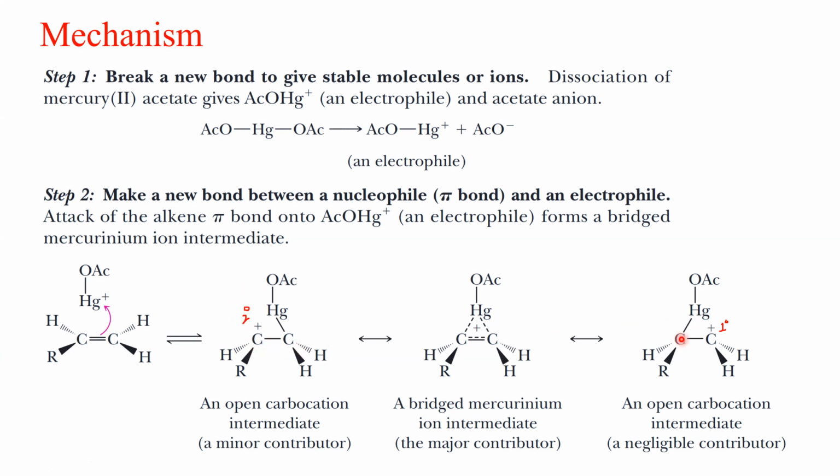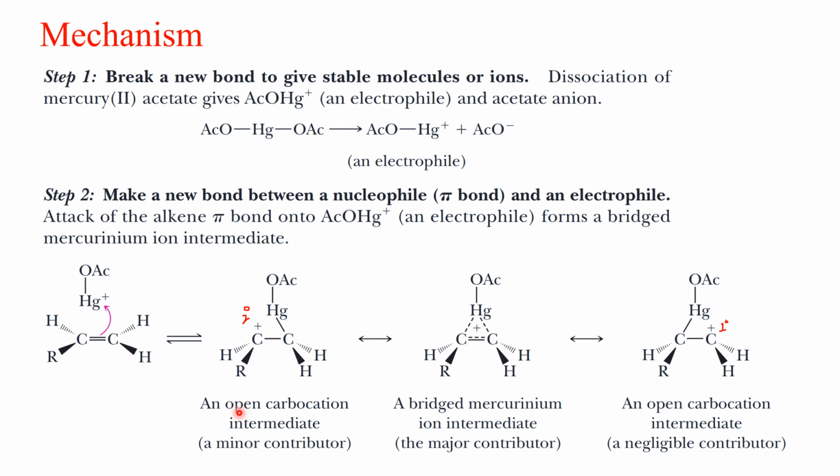Right now we have only two possibilities: one is primary and the other is secondary. This secondary carbocation is more stable compared to this one. That's why this structure has a negligible, minor contribution, but the most contributing structure is basically this mercurinium ion intermediate.